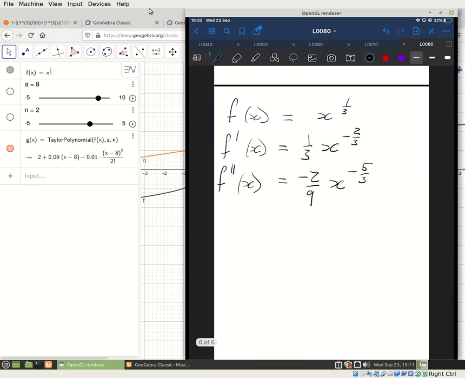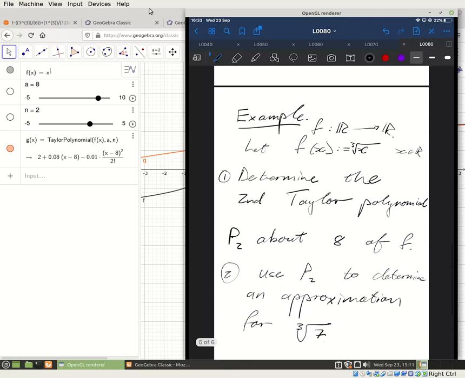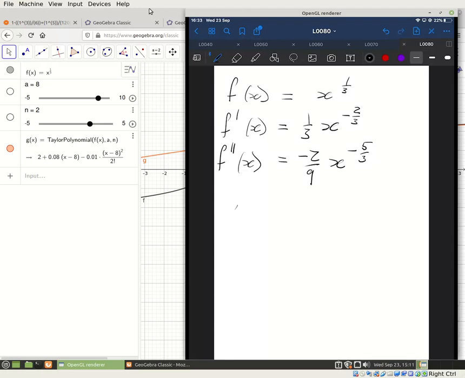So now we are interested in the Taylor polynomial about 8. So we want to know what the values of the function and its derivatives are at 8. And all that we do is we just plug them in there. So of course the cube root of 8 is 2. You plug in 8 here.